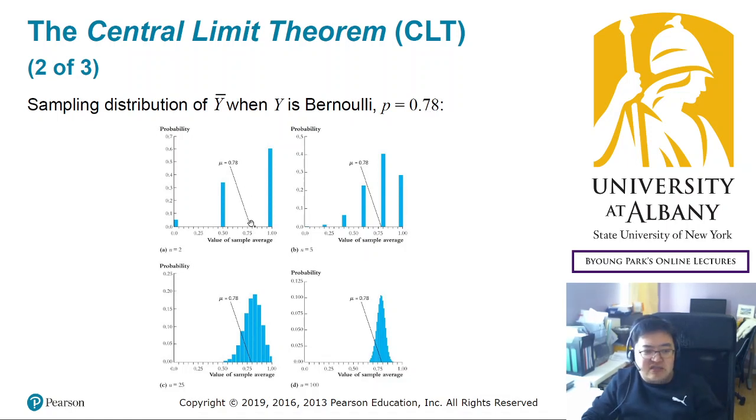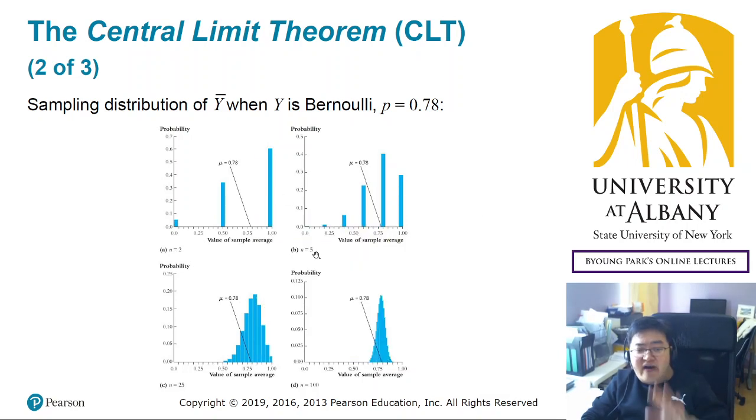Then the mean should be here. Mean is 0.78. And when you throw two coins and calculate the ratio, the percentage of heads out of two results, then you get either 0 or 0.5 or 1. And probabilities can be calculated, right?